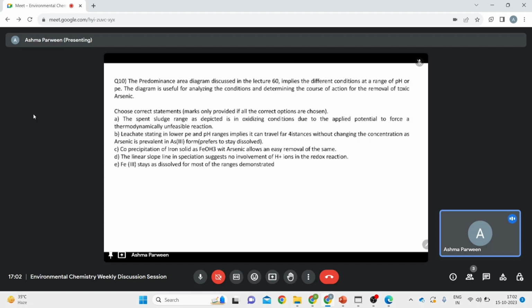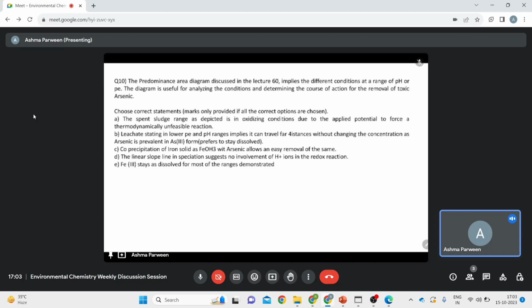And option C is co-precipitation of iron solid as Fe(OH)3 with arsenic. Fe(OH)3 co-precipitates with arsenic, and there is removal of arsenic at higher pH greater than 9 and very high reducing conditions. Options A, D, and E are incorrect.